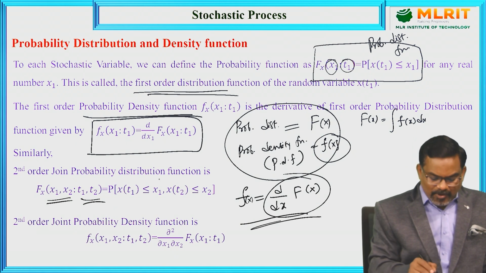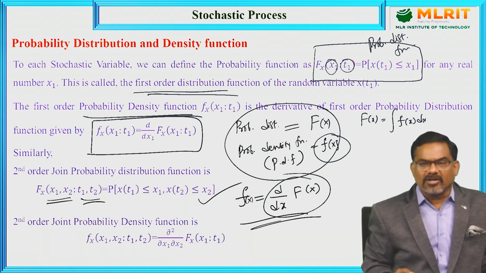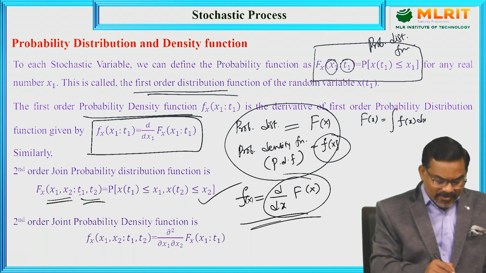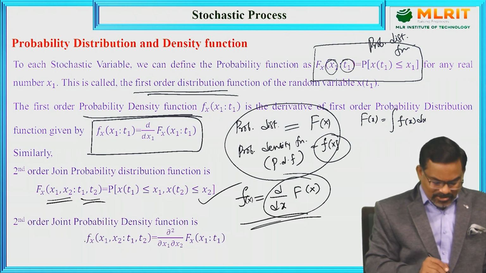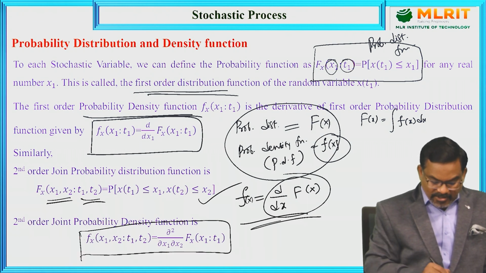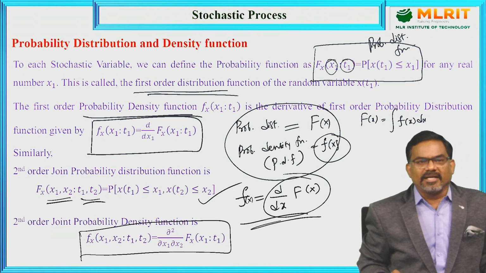Similarly, in second order probability distribution, again by differentiating this, we get the probability density function in the case of second order distribution.